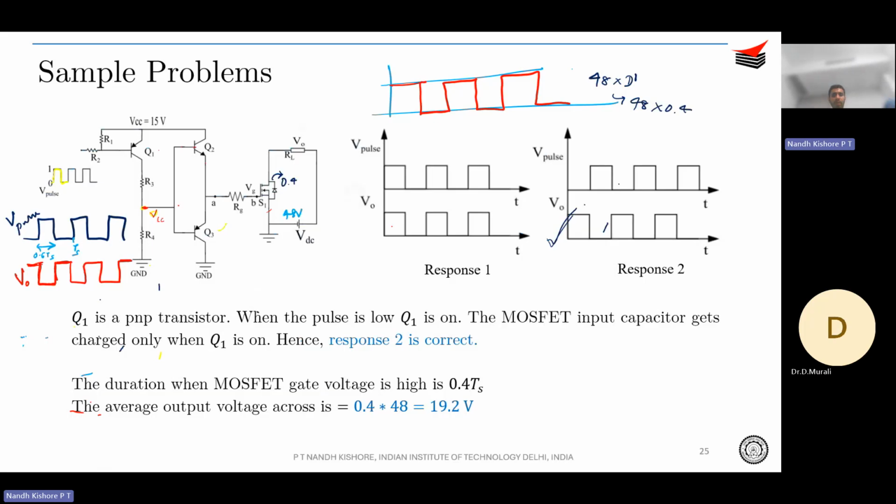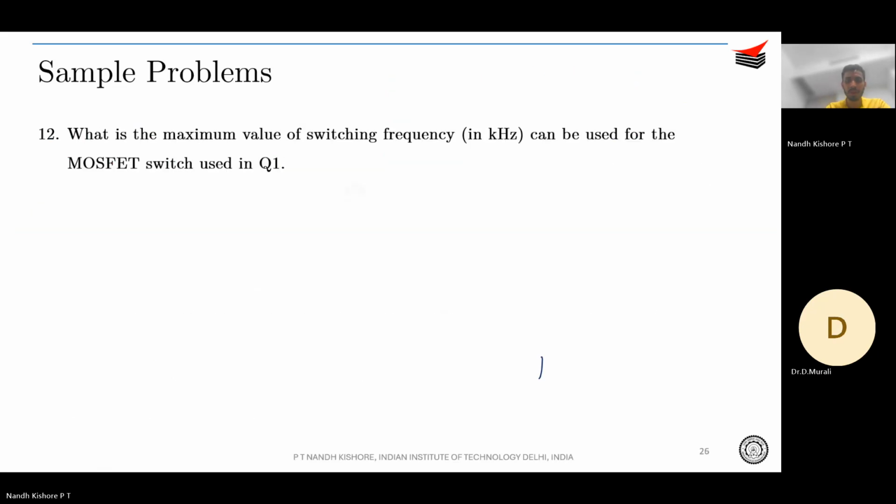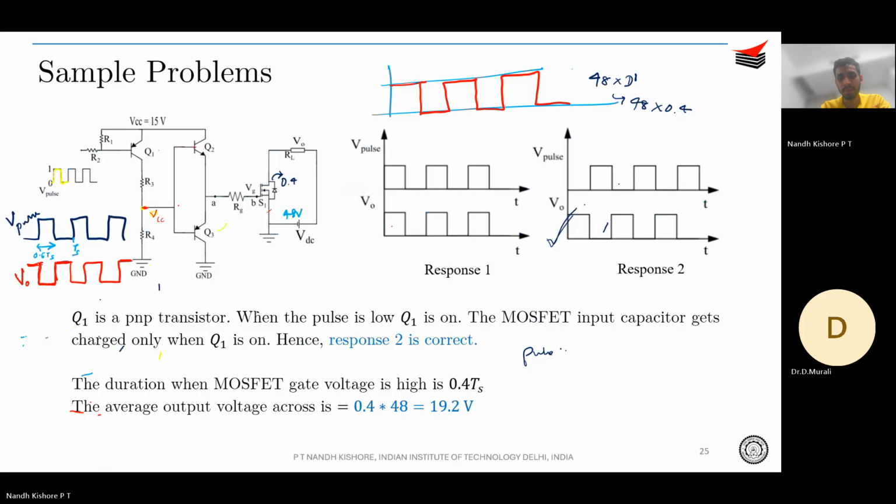Understood, right? Because we just saw that when pulse is high, the MOSFET is actually off. So when pulse is high, S1 is off. Okay. When pulse is low, S1 is on.